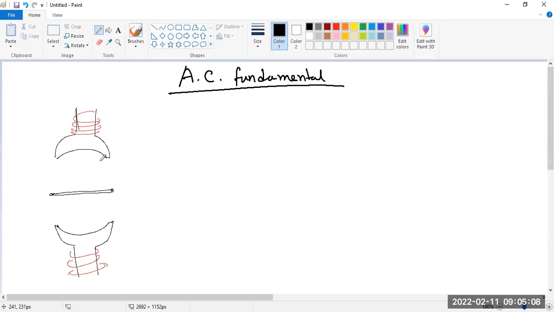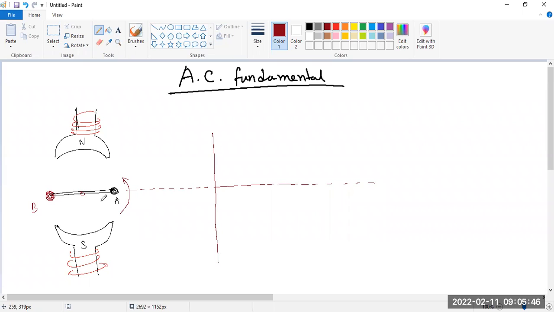Say this is your north pole, this is your south pole. How is a sine wave generated? Say this is A and this color is B. So when this rotor is rotating in this direction.